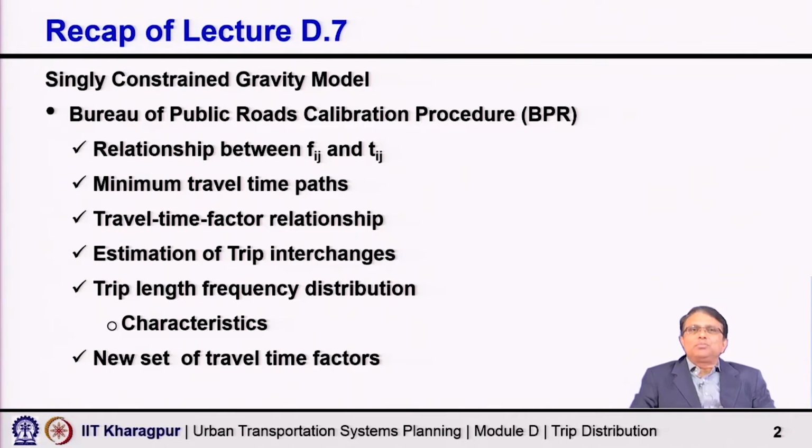The percentage of trips made with different trip lengths or different travel times is captured nicely by these Fij values in a singly constrained gravity model, and the values are close to what is observed in the field. So, that is the match, a gross level match.